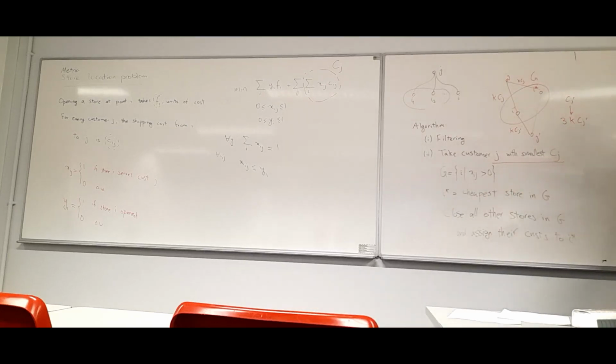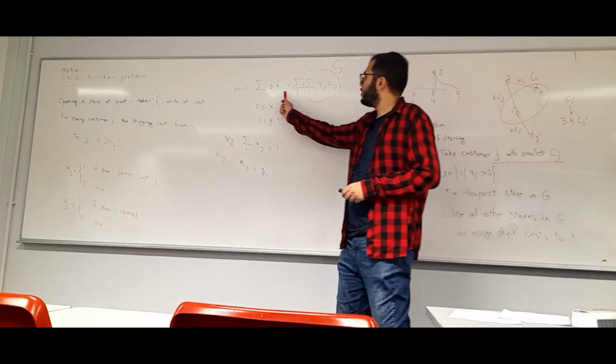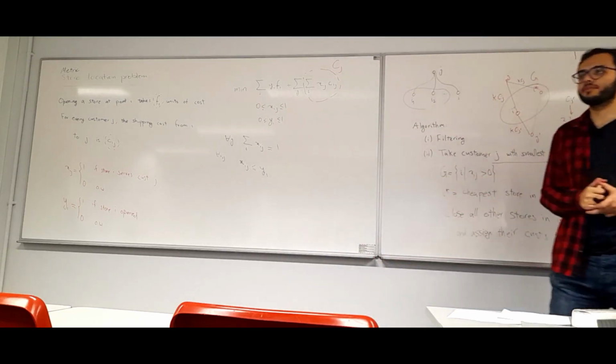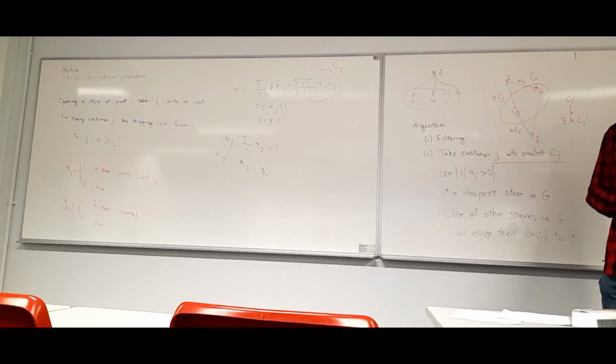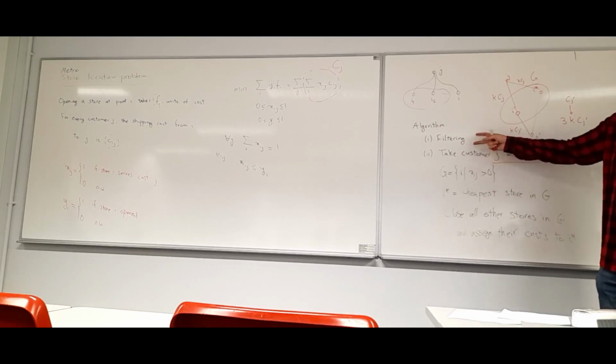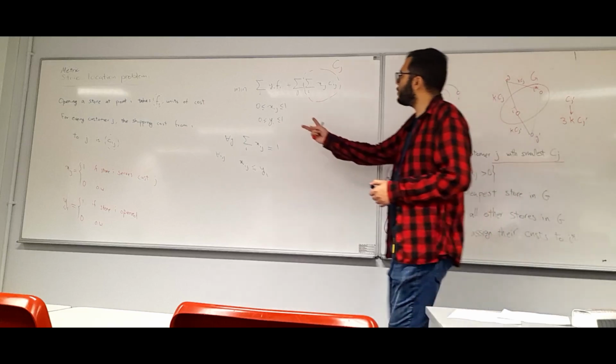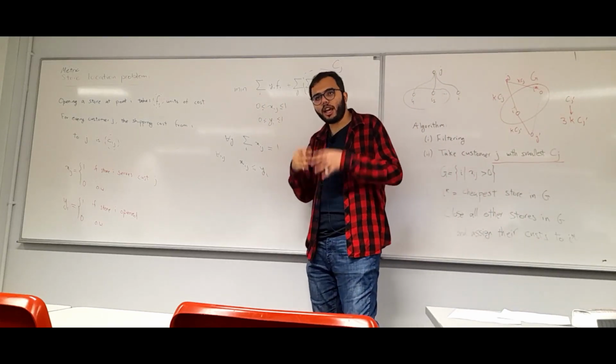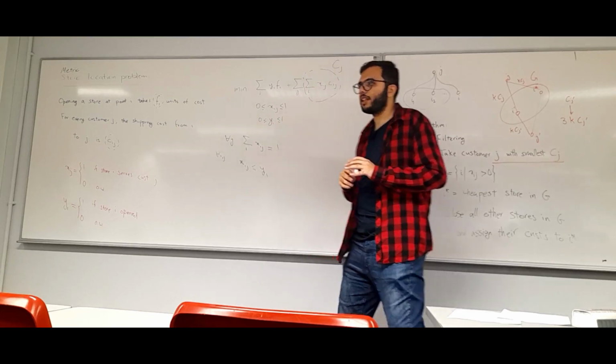Okay? What happens to this part of my cost? So remember that when I did my filtering, I already multiplied this part of my cost by k over k minus 1. So I have that. There's no way to get rid of it.